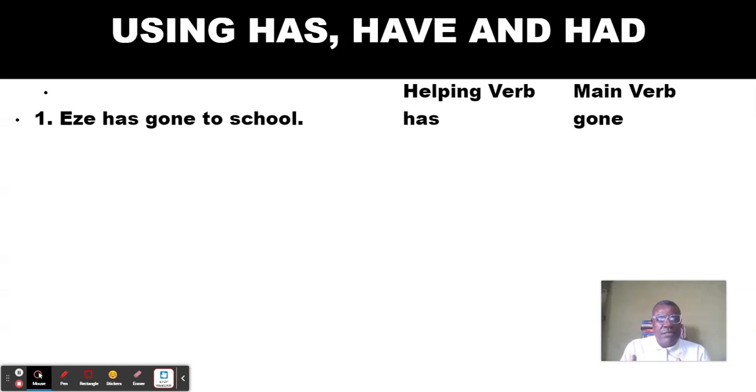Take note of this. What the helping verb does is that it combines with the main verb to form the verb phrase, which occupies a particular element of a sentence.